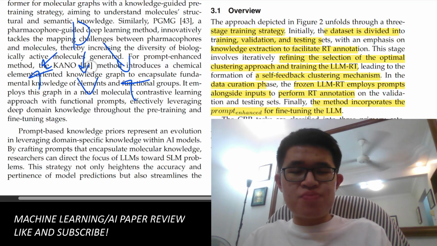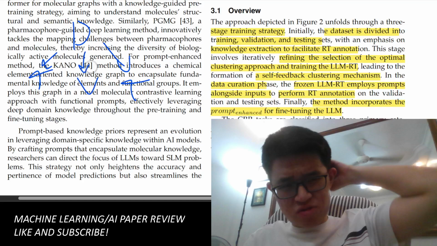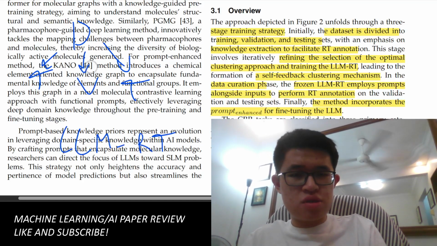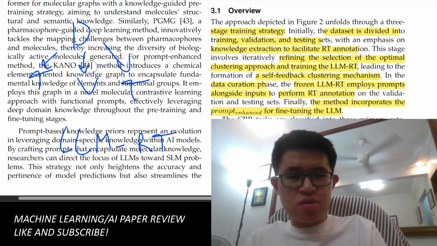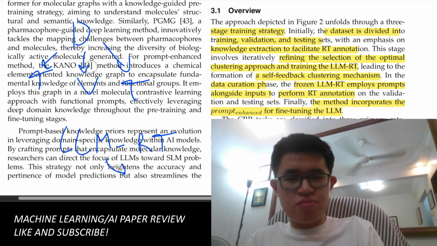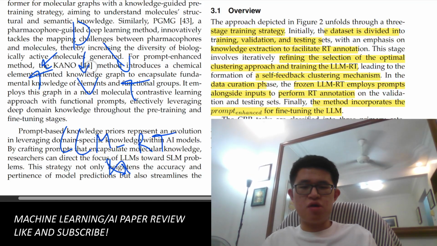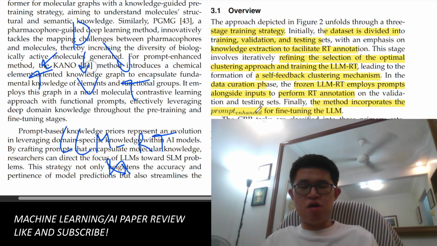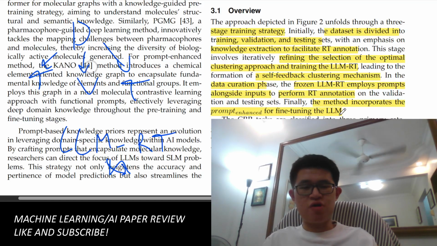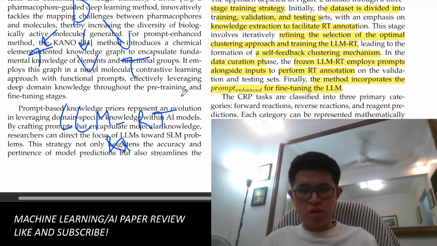Then we refine the selection of the optimal clustering approach and train the LLM. So at the end of the day, all we really want is the enhanced prompt so that we can fine-tune the LLM.